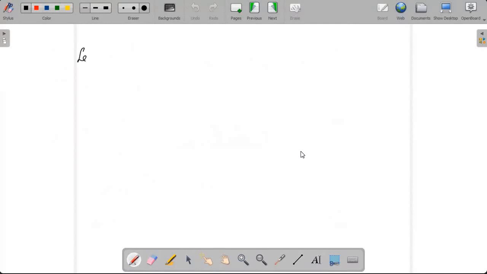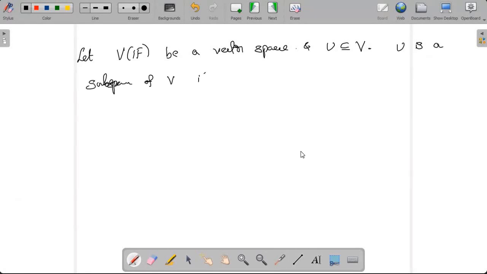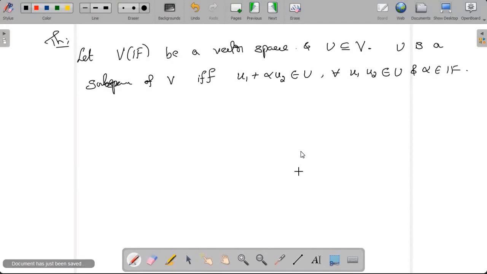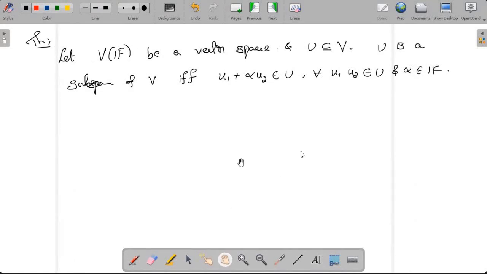That is, let V over F be a vector space, and you know that U is a subset of V. Now U is a subspace of V if and only if U1 plus alpha into U2 is an element of U for every U1, U2 coming from U and alpha coming from the field. You can take it as a theorem. So one condition check is enough to check whether it is a subspace or not.